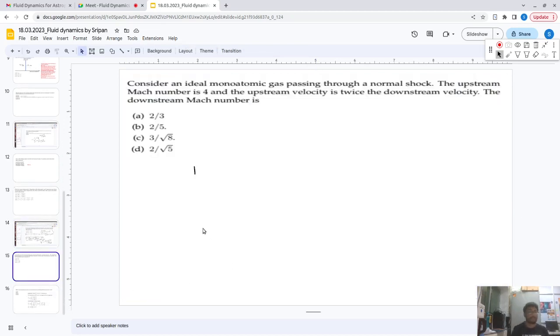So now what happens is you have an equation which can be derived from the Rankine-Hugoniot condition, that m2 to the power minus 2 equals m1 to the power minus 2 times u1 by u2 square plus half gamma minus 1, and then u1 by u2 square minus 1.